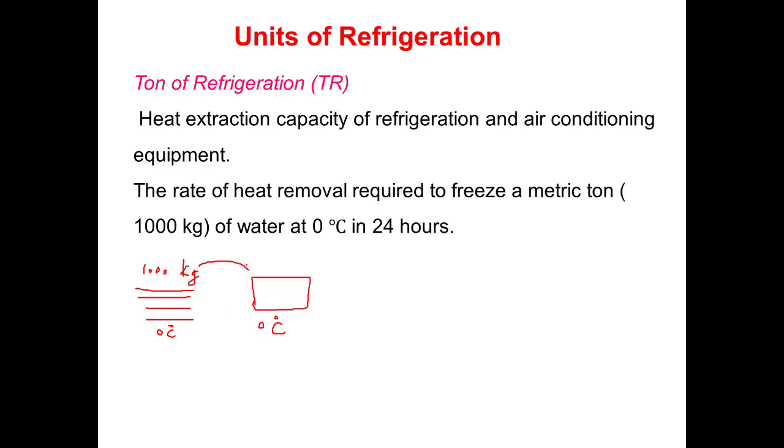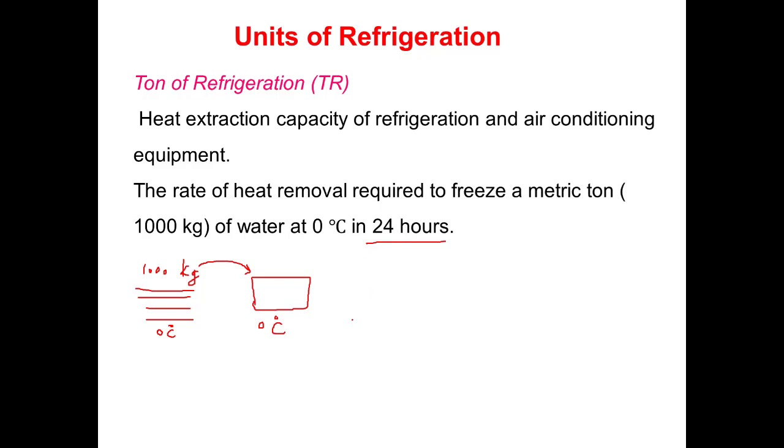If this process takes place in 24 hours, then we'll say the capacity of the refrigeration unit is 1 ton of refrigeration. So by converting 1000 kg of water at 0 degree centigrade to ice at 0 degree centigrade in 24 hours, the capacity is equal to 1 ton of refrigeration.